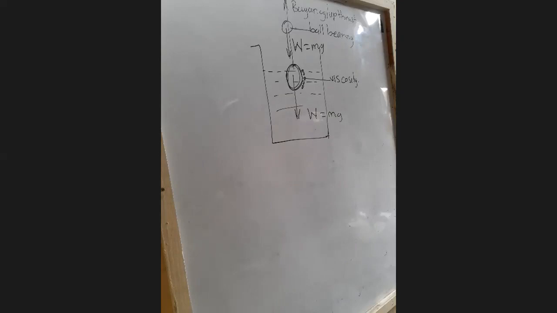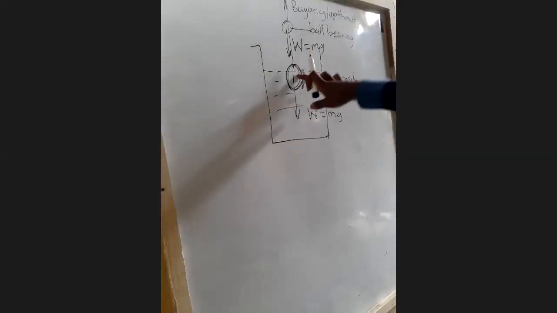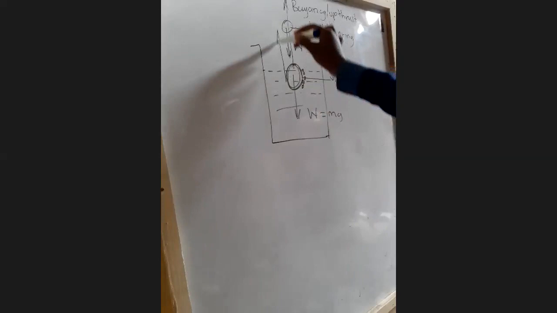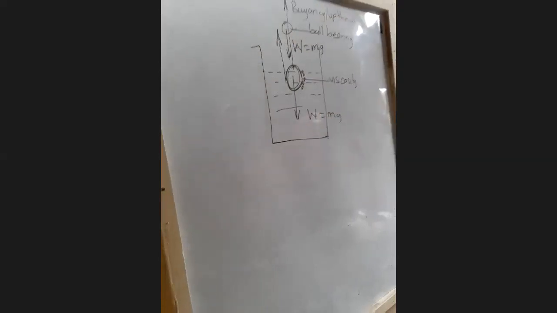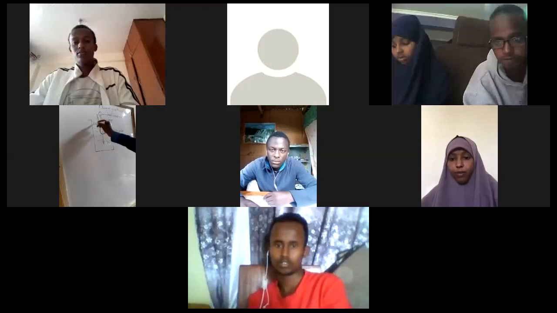Okay, there is also a force of attraction between molecules, but because the body is moving, we assume it is negligible. We don't consider it for this case. So whenever we immerse a body in fluid, we are going to have its weight acting down, the buoyancy force acting up, and then the friction force acting in the opposite direction. Because the ball is moving down, the viscosity force is going to act upward.